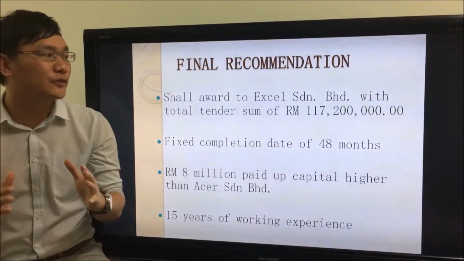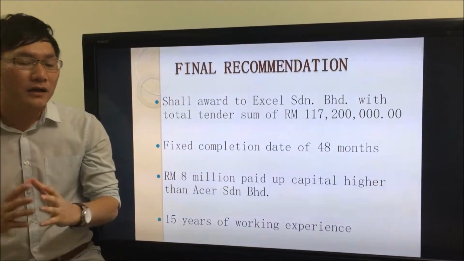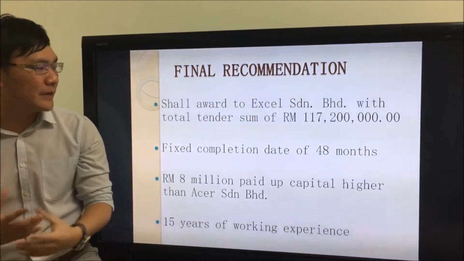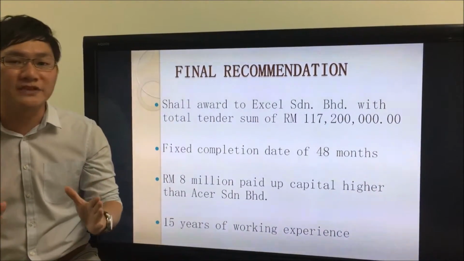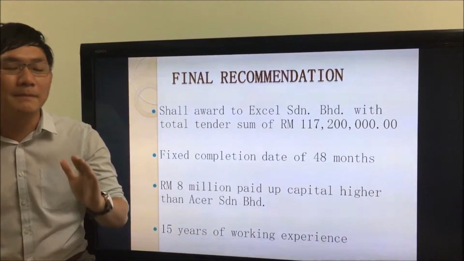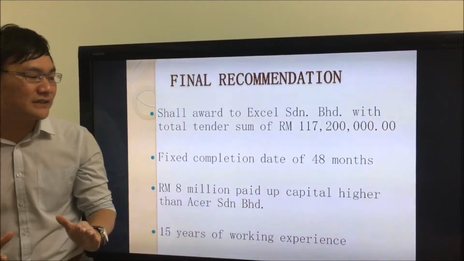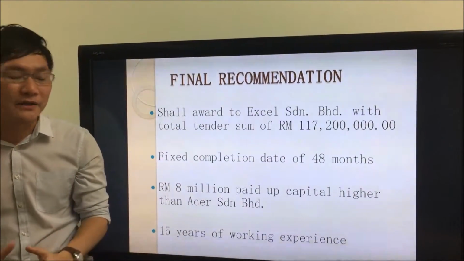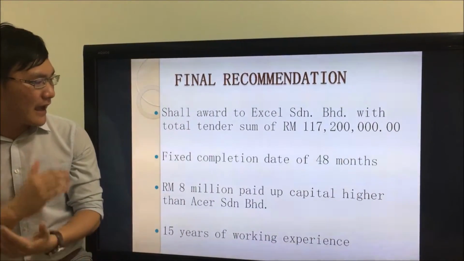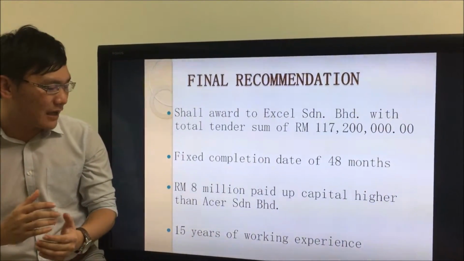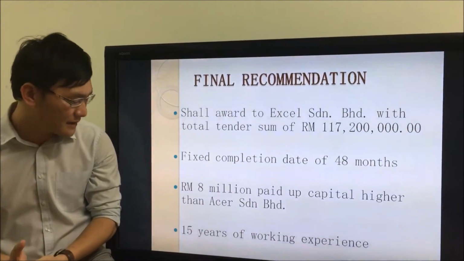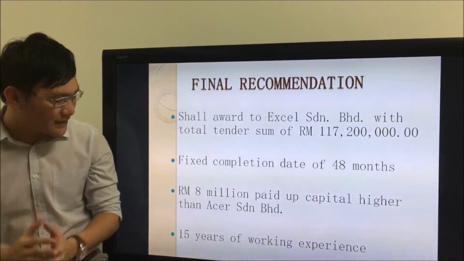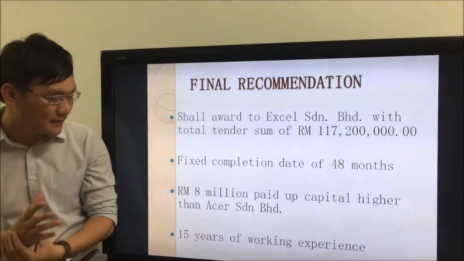Now I will go into final recommendations. So the recommendation will be to award to Acer Sendirian Berhad with the total tender sum of approximately 170 million. The fixed completion period will be 48 months, and Acer Sendirian Berhad has 8 million more payout capital, which is higher than the lowest tenderer, and has 15 years of working experience.